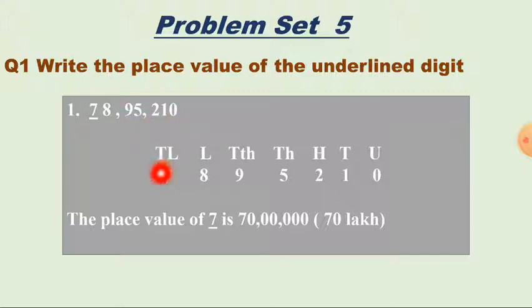Now leave one line and write the places and then write the numbers below them. Unit place 0 is there, tens place 1 is there, 100 place 2 is there, 1000 place 5 is there, 10,000 place 9 is there, lakh place 8 is there, and 10 lakh place 7 is there. So first of all you have to write like this: write the place value and the numbers below that.